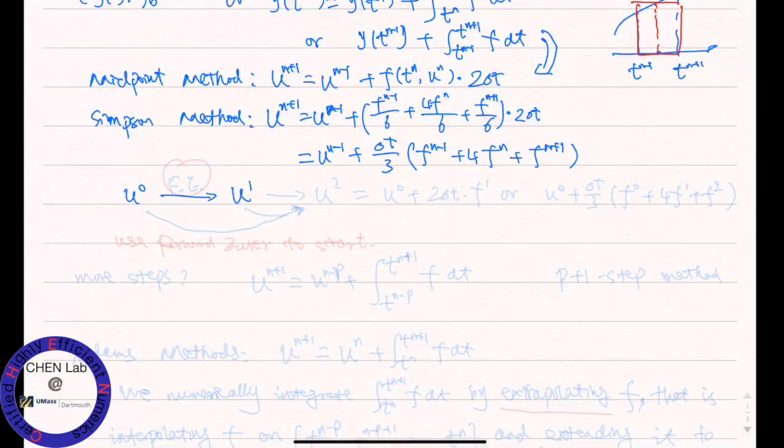Maybe you use forward Euler. I get my u1, right? And then I have my u2. With u0 and u1, I get my u2.